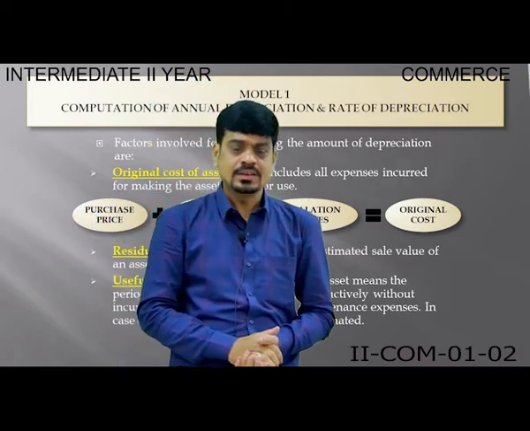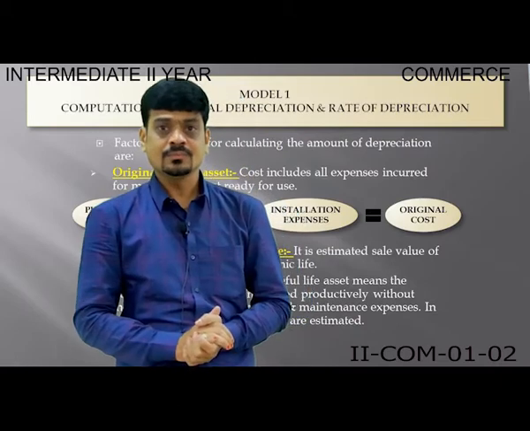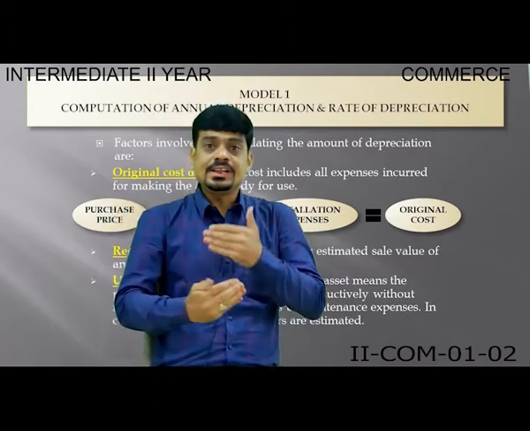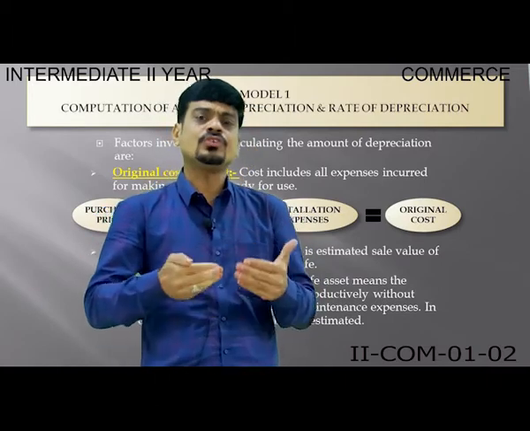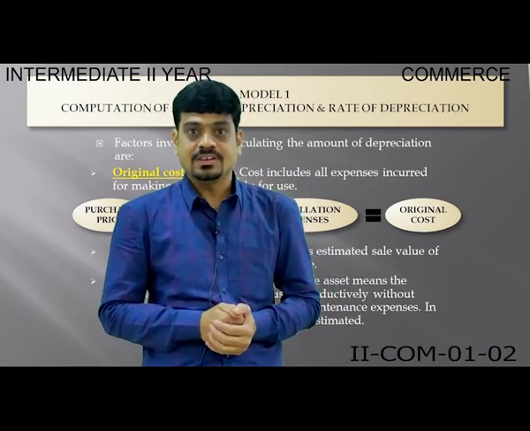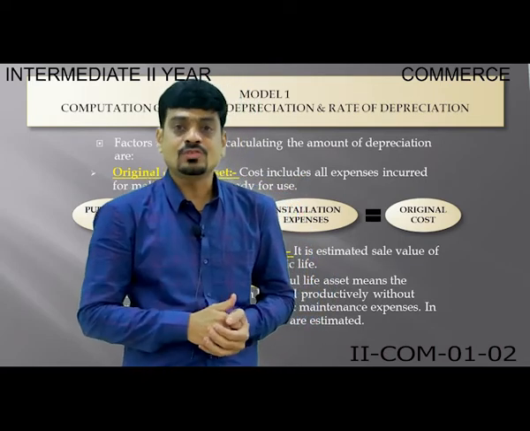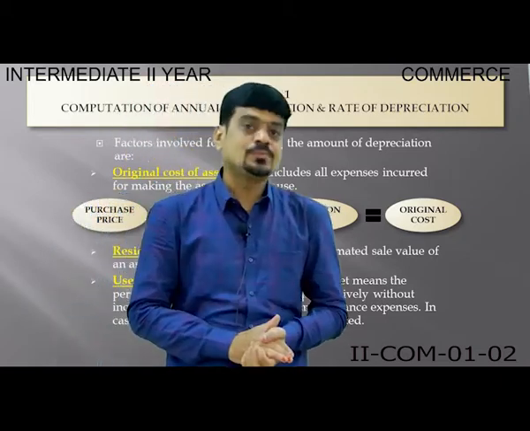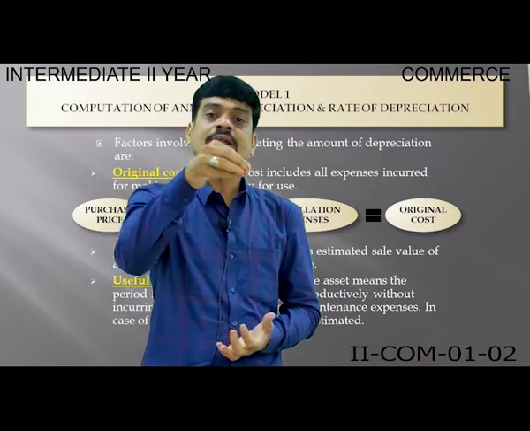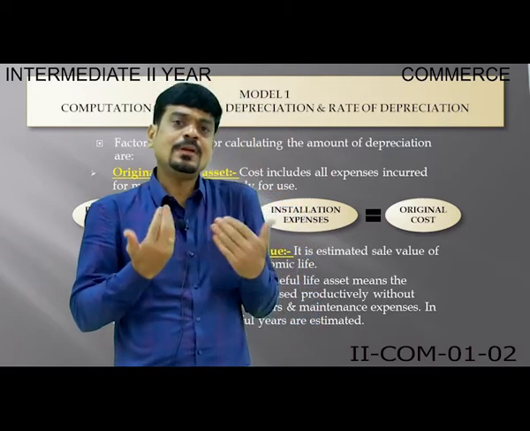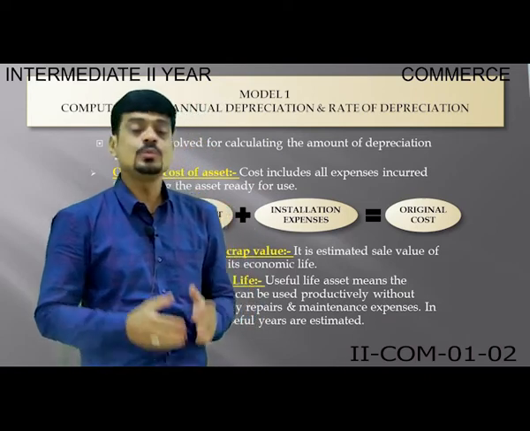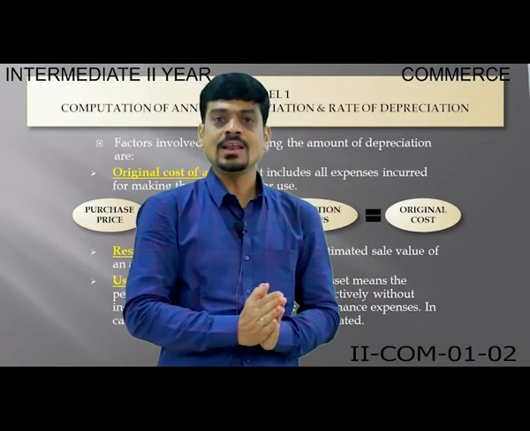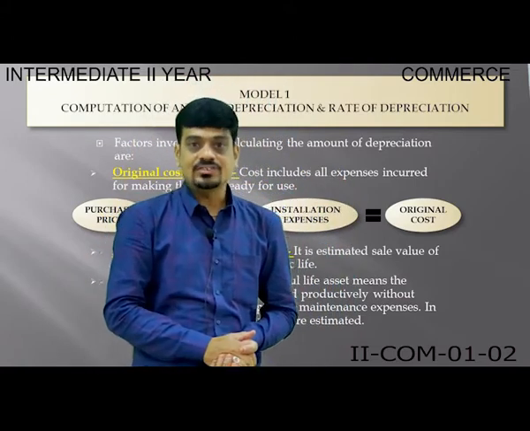Say, when you purchase a car, it may cost 8 lakhs, but it needs certain extra fittings, maybe 1 or 2 lakhs, to make the car ready for use. Those additional expenses are also part and parcel of the cost. So if anybody asks the cost of the car, you may say it cost me 10 lakhs: 8 lakhs is the worth of the car and 2 lakhs was spent on additional expenses.